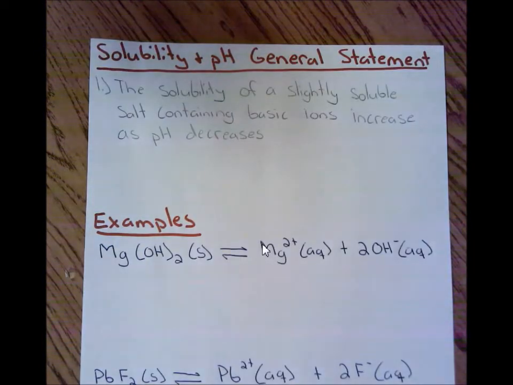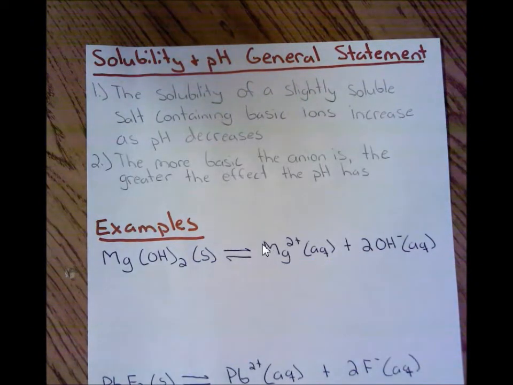And then the third general statement is the solubility of salts with anions of negligible basicity include Cl-, Br-, I-, and NO3-, or chloride, bromide, iodide, and nitrate.